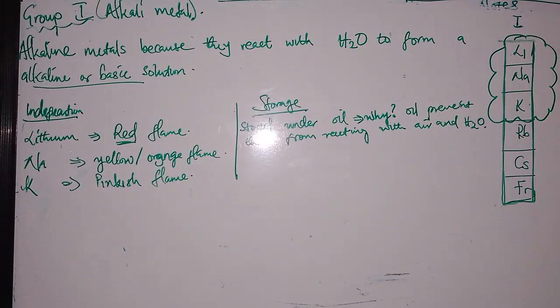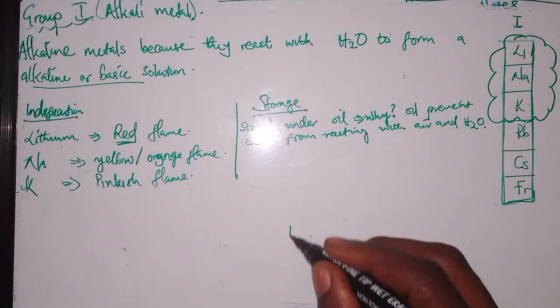The physical properties are a lot, and the chemical properties also are a lot. We have 5 physical properties and 6 chemical properties of group 1 elements. You need to understand these properties.